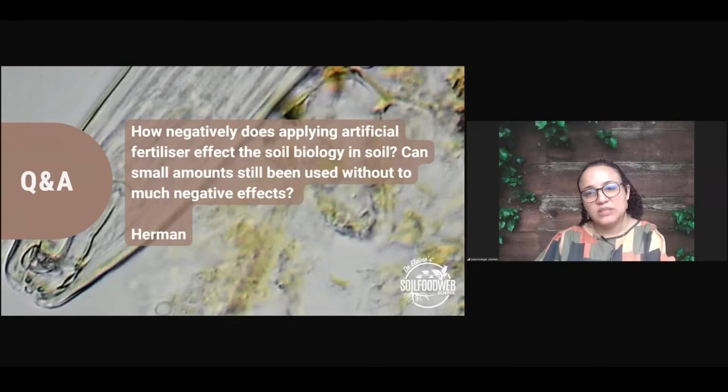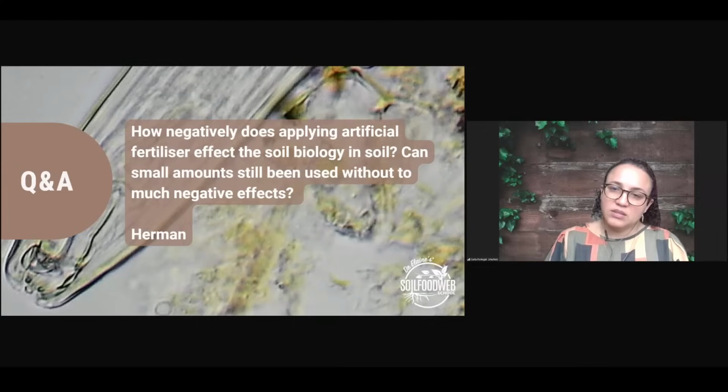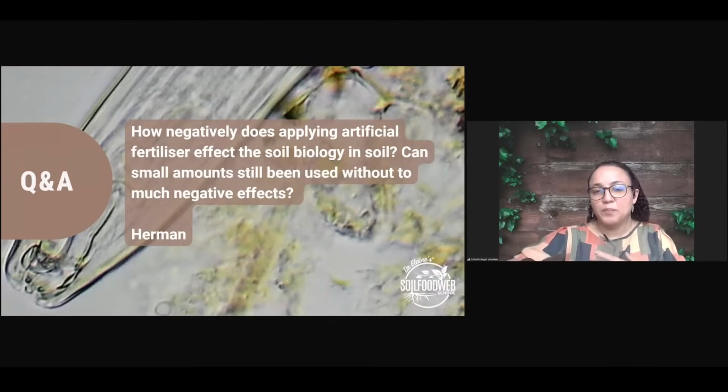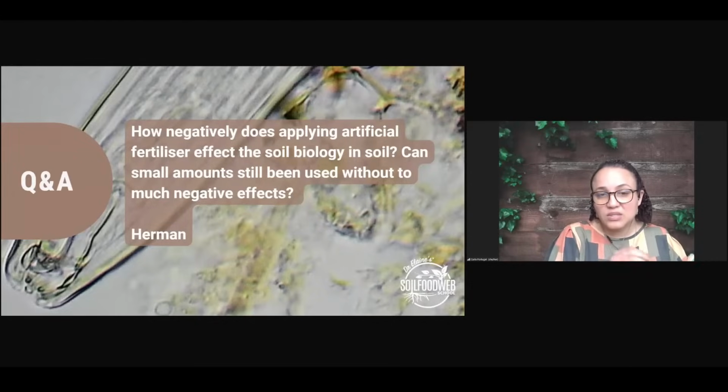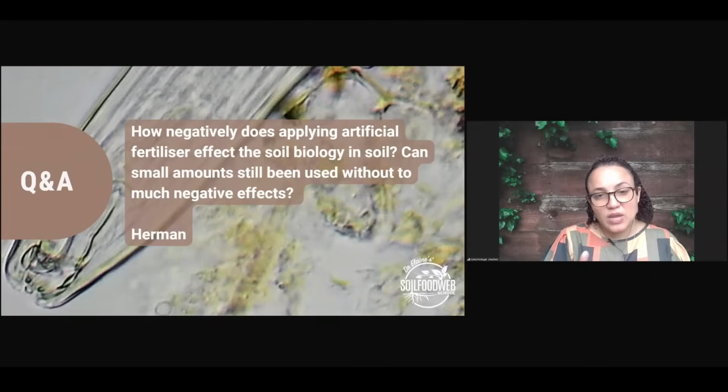Gerald can talk more about this as well, but when we are working on a transition system, coming from the traditional place where we use artificial fertilizers to a more regenerative ag approach, in some cases you might still need to use some of those fertilizers, but it's good to understand how they will affect your local biology. So it's a lot of study and testing in small areas so you can see what you can do.